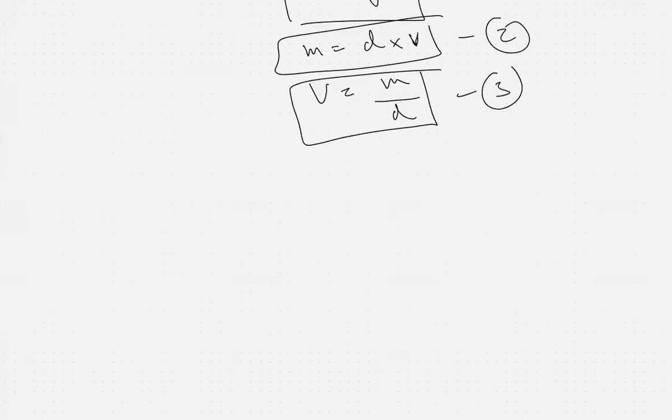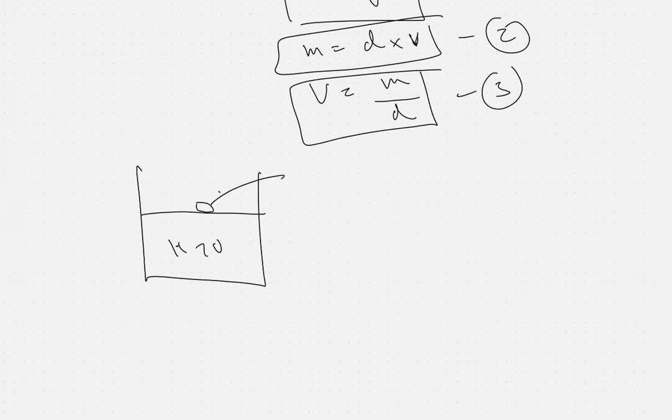Say you have some water. If you put certain objects, they might float at the top, so you know that they are less dense than water. It doesn't have to be water.